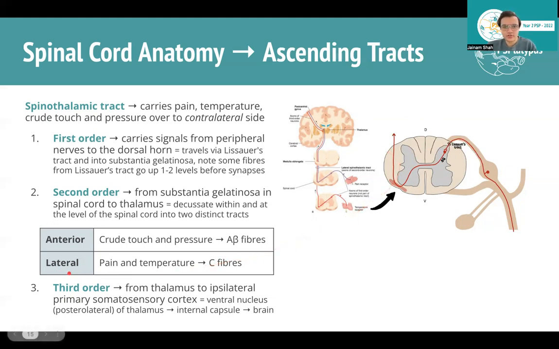And then you've got the lateral tract, which is pain and temperature through the C fibers. That's probably the more important one to remember. And then the third order neurons go from the thalamus, up here, to the contralateral primary somatosensory cortex, again through the same pathway as we had with the DCML system.